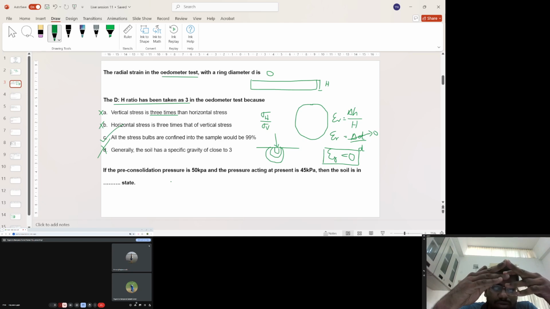How will you quantify over consolidation or normal consolidation? What is the number, what is the ratio we use?